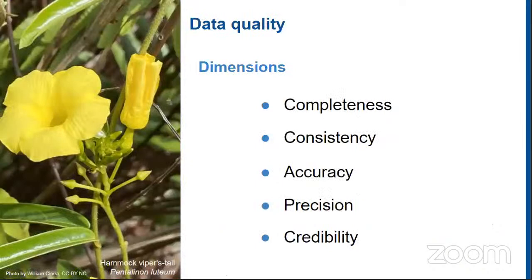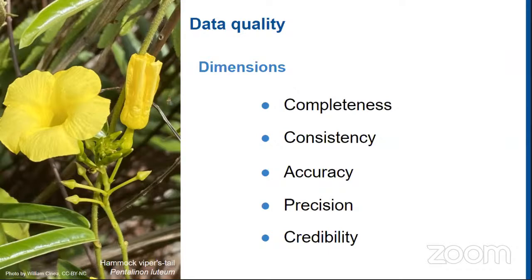Now we can assess the data quality on different dimensions. I mentioned some of these before. We have the completeness dimension, the consistency, and we also have accuracy and precision. There is a difference between those two. Precision is how much detail, if we think of numerical fields, how many decimal places we have, to give an example.